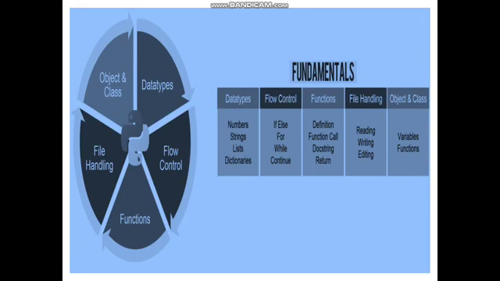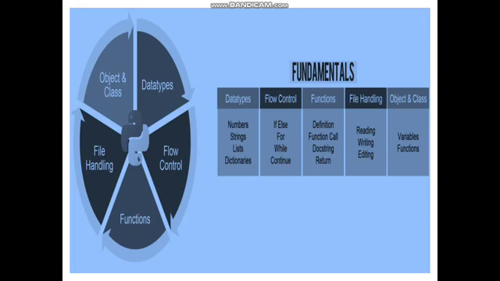You can save a file, write a file, edit a file, and everything you can store in memory is included in file handling. Again object and class, how to load variables and different functions, you will also study in the coming classes.